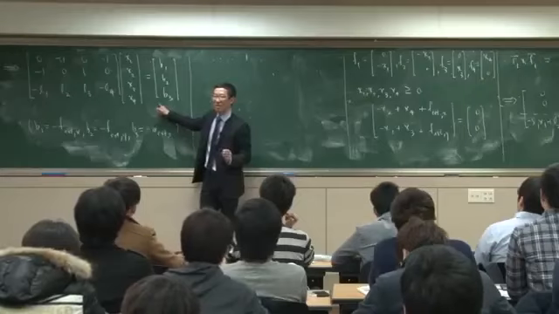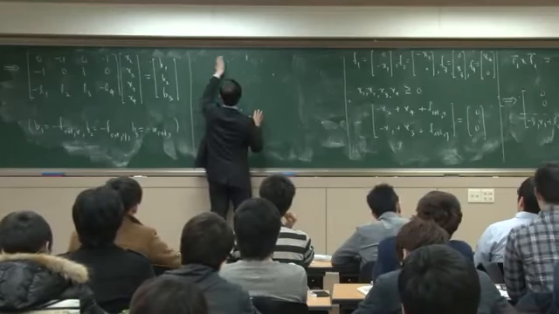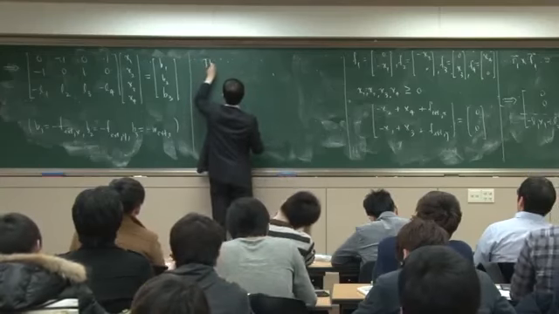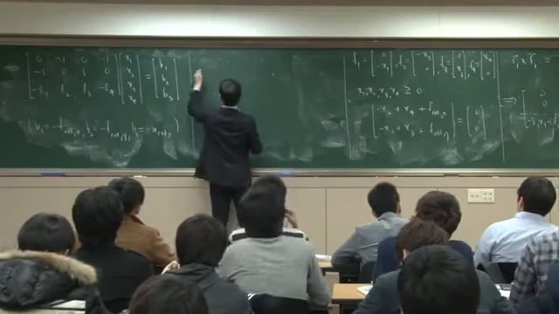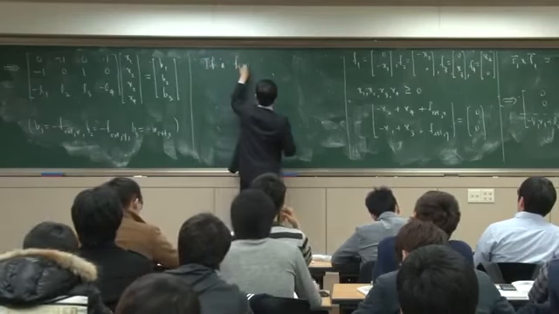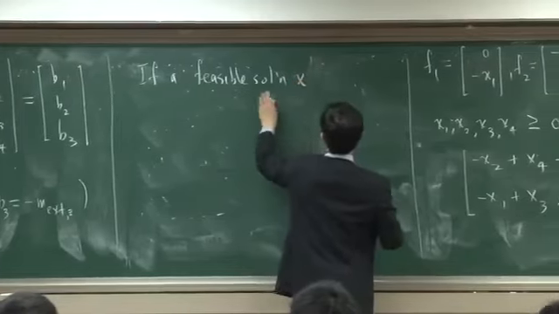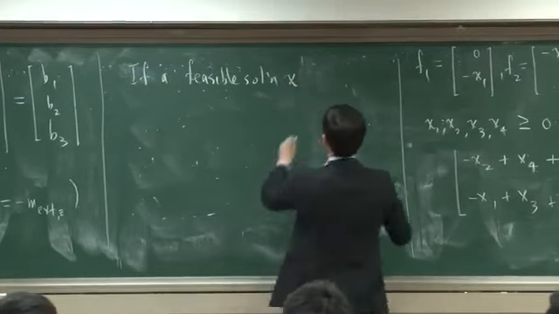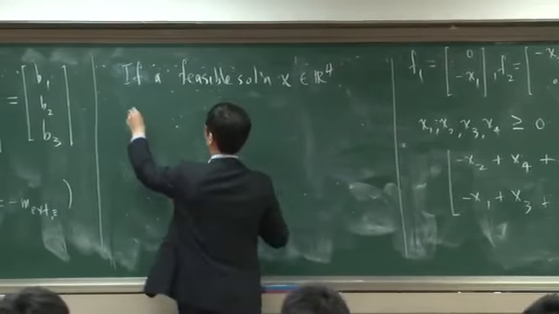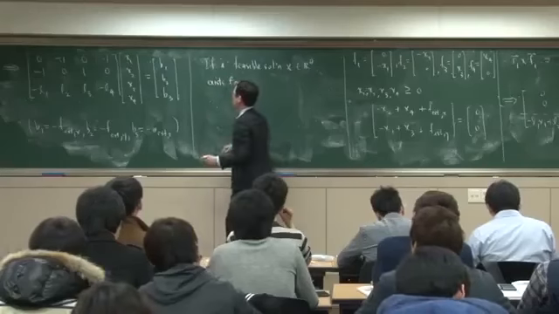Can we answer this question? So here's the question. Let's try it again. If a feasible solution x, so x here is 4-dimensional, exists for now.